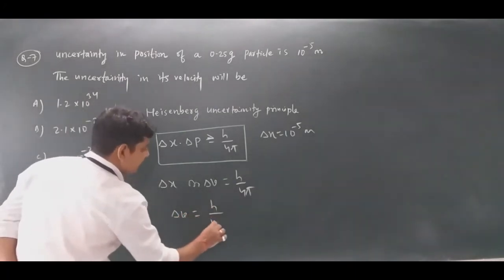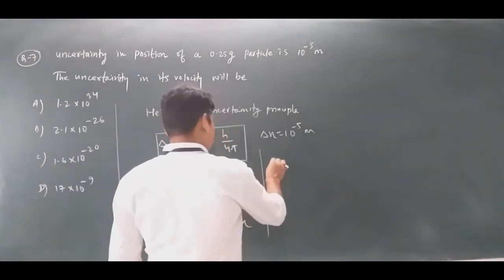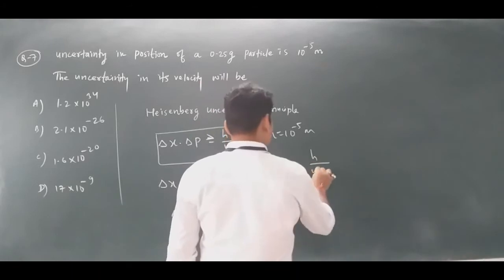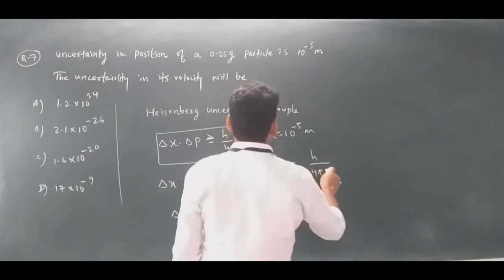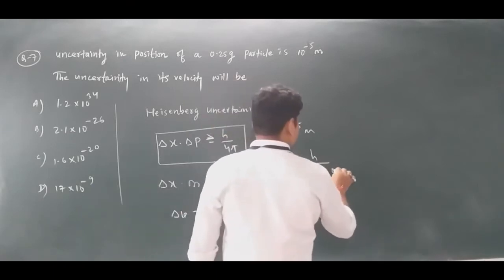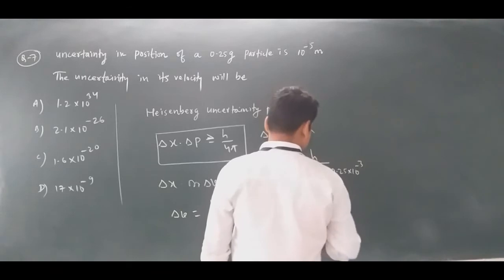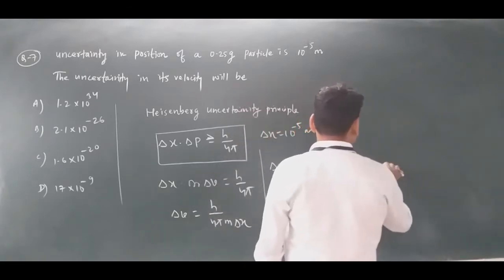So what will be the value of uncertainty in velocity? Delta v is equal to h upon 4 pi m delta x. What is m? 0.25 gram, that is 0.25 into 10 to the power minus 3 kg. And delta x is 10 to the power minus 5.